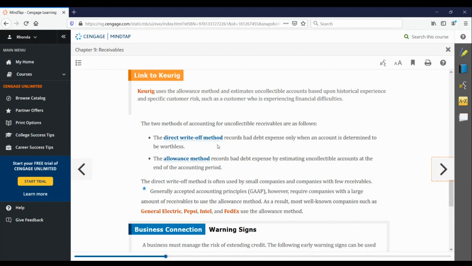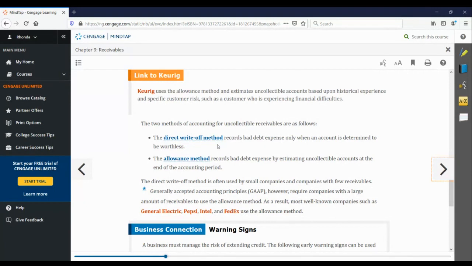So a new account in this chapter that we're going to be talking about is bad debt expense. Sometimes we call these bad debt expenses uncollectible accounts expense. Either way, in either term, bad debt expense or uncollectible accounts expense, both of these accounts are expense accounts and will end up on your income statement.